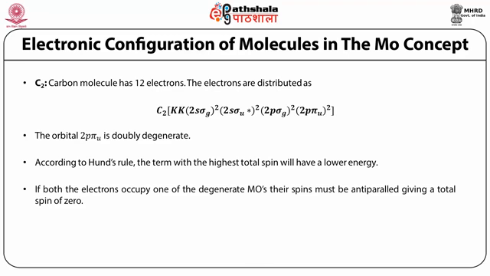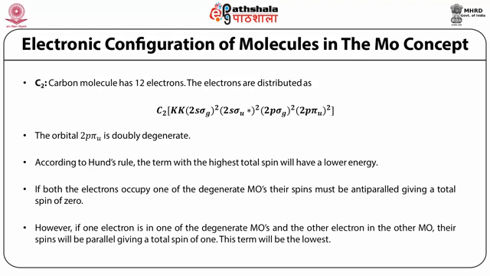If both the electrons occupy one of the degenerate molecular orbitals, their spins must be anti-parallel, giving a total spin of 0. However, if one electron is in one of the degenerate molecular orbitals and the other electron in the other molecular orbital, their spins will be parallel, giving a total spin of 1. So this term will be the lowest.